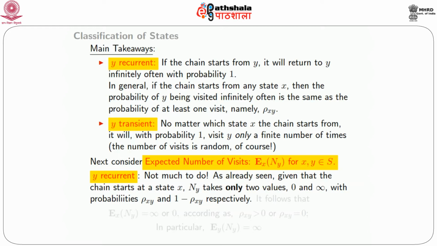So N_y takes only two values, 0 and infinity, and the respective probabilities are rho_xy and 1 minus rho_xy. So in this case, calculating the expected value is fairly straightforward. It follows that E_x of N_y would be infinity or 0, according to whether rho_xy is positive or rho_xy is 0. In particular, of course, if you take x to be equal to y, in which case rho_yy is 1, so E_y of N_y is infinite.